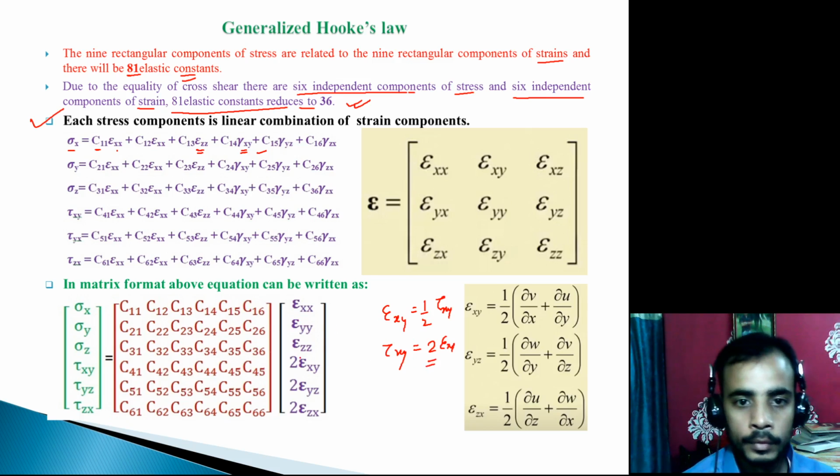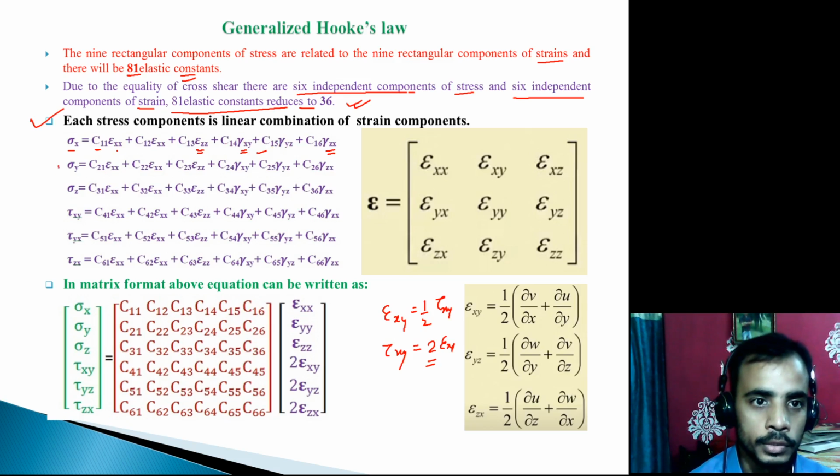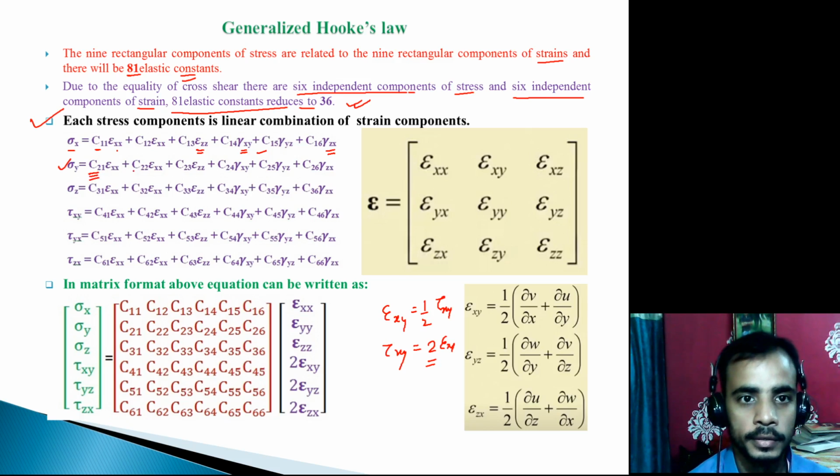So this is C14 gamma xy plus C15 gamma yz plus C16 gamma zx, and so these 6 strain components are also related to sigma y, but their coefficients change: C21, C22, C23, C24.